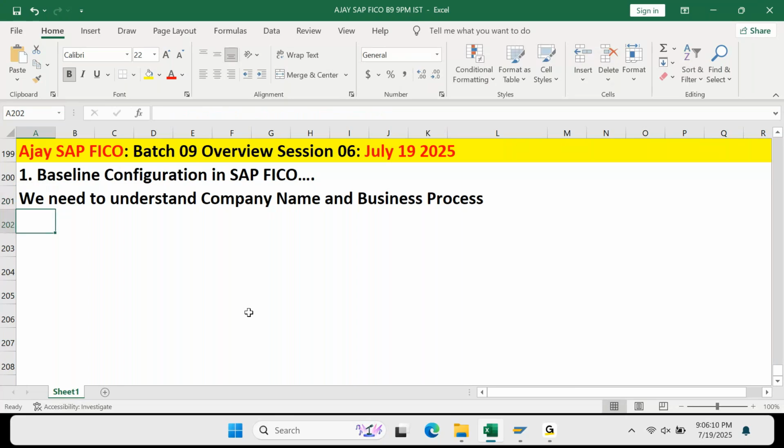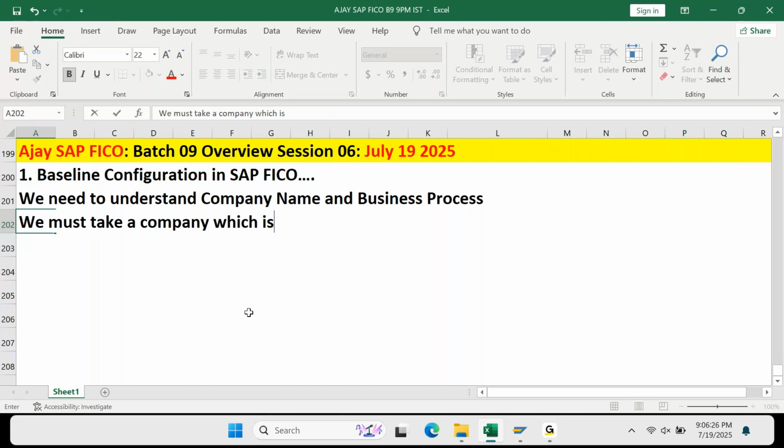You can take an example of any company. Everybody is aware of some company. Now when you take a company, we must take a company which is operating in multiple countries.